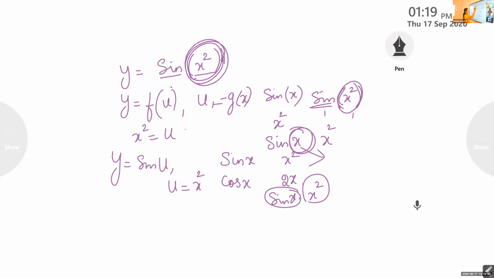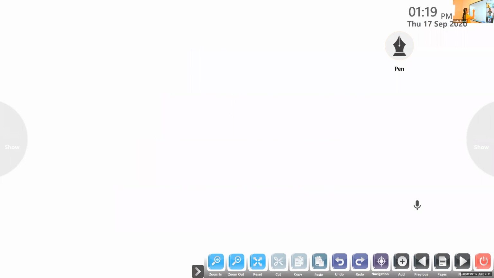For example, let's take another function. Root of sin x. Can you identify the functions here? Which are all the functions you are using here? Can you give the functions? Aparna.